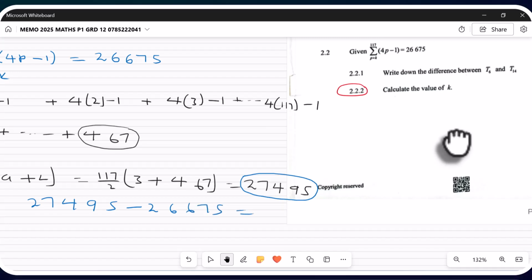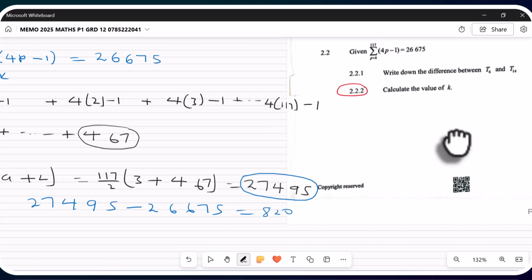I know that Sn equals n over 2 into brackets 2a plus n minus 1 times the common difference, right guys?